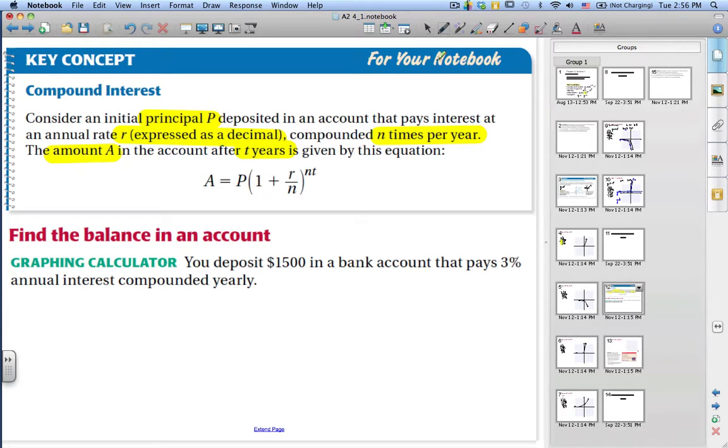So also, when you think back to our vocabulary, this item here, 1 plus R divided by N, this is what's called the growth factor.